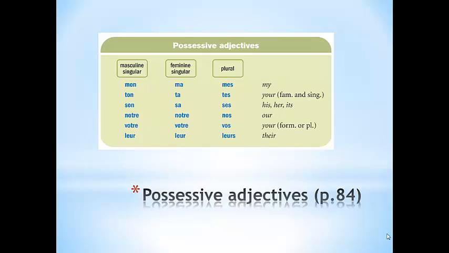Just like tu is the familiar subject pronoun, ton, ta, and tes are the familiar your. And just as vous is the formal subject pronoun, it goes in the same vein for the possessive adjectives. Okay?